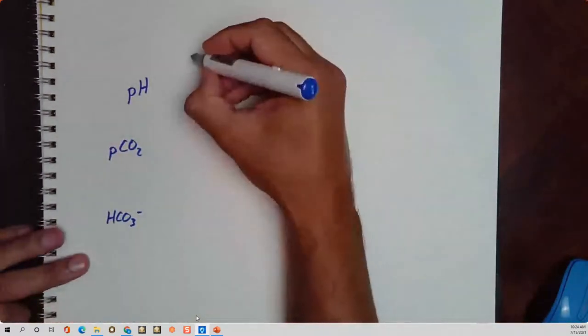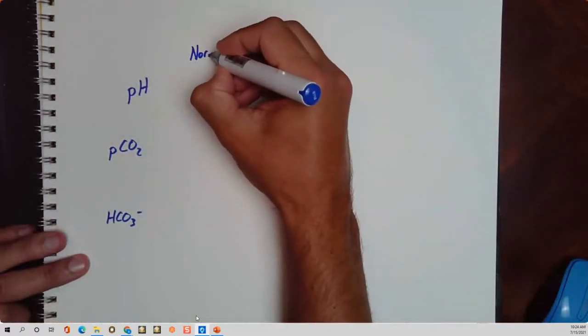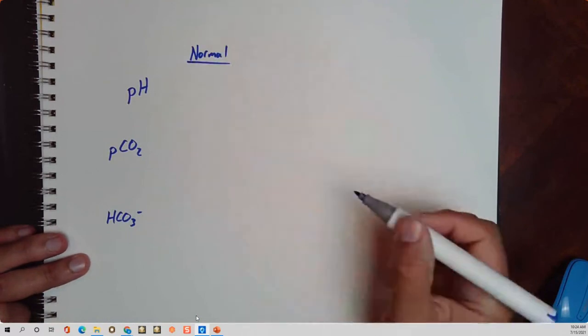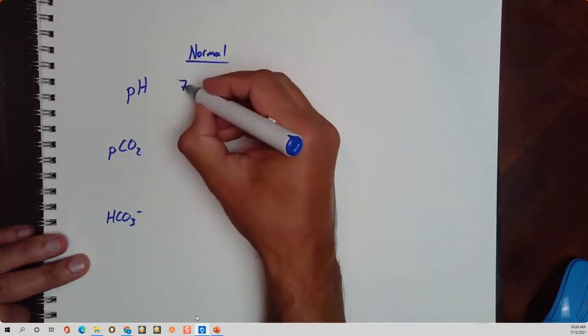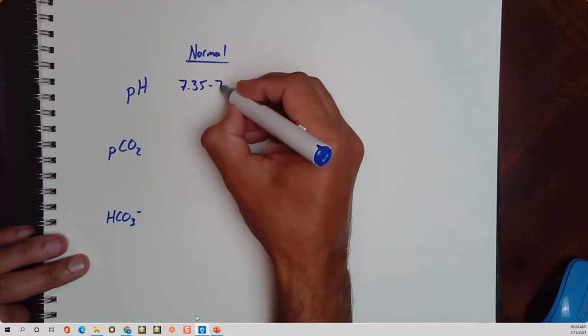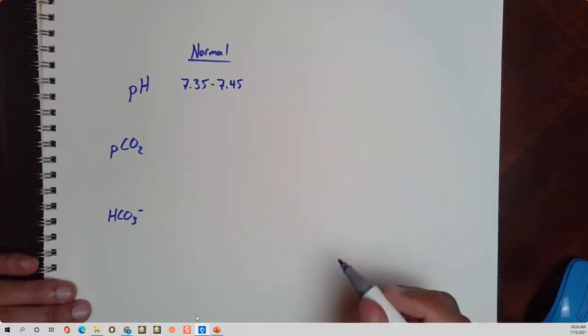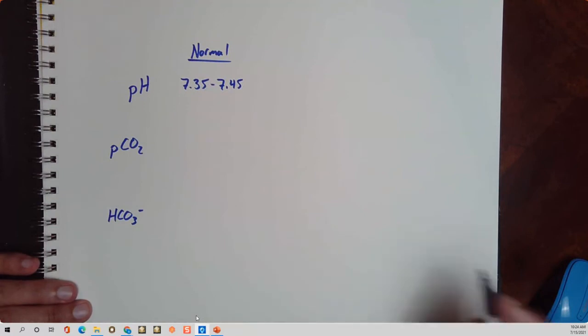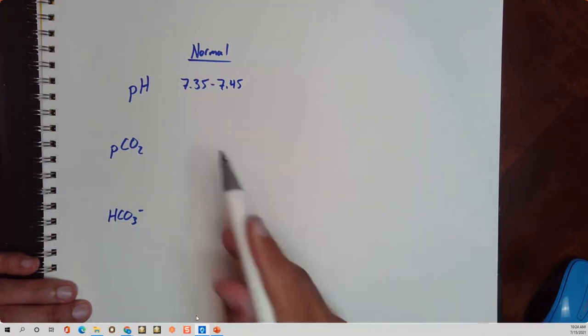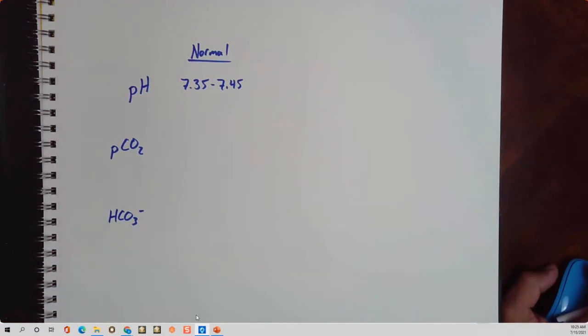What's the normal range of blood pH? On this table I'm recreating here, we want to put the normal ranges for everything. Does anybody remember the normal range for the partial pressure of carbon dioxide?